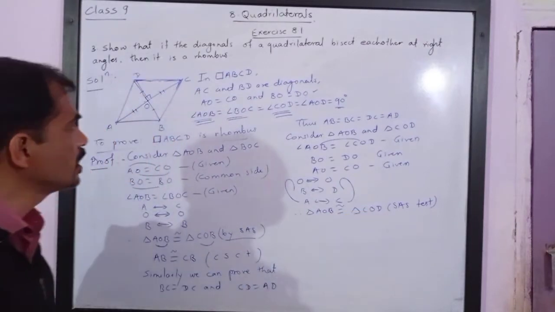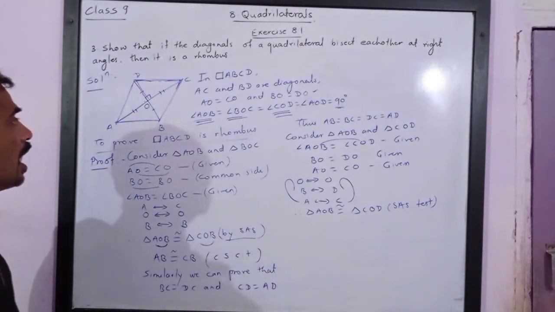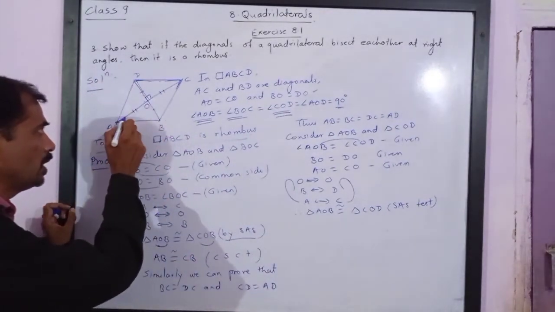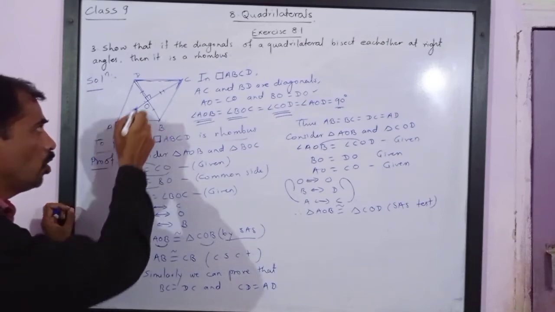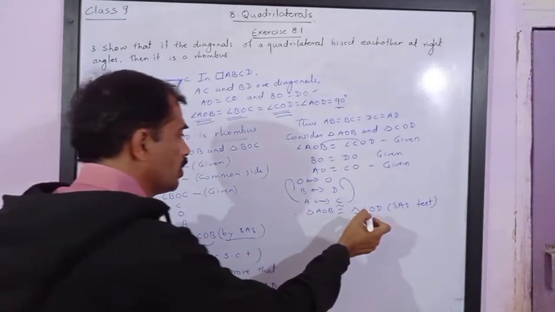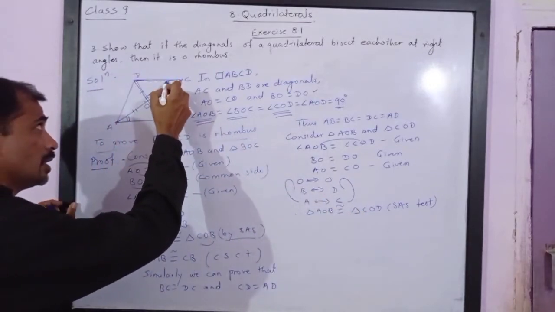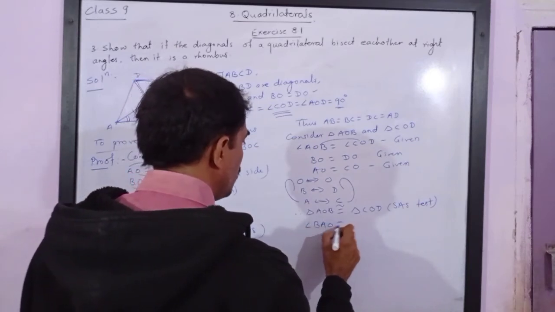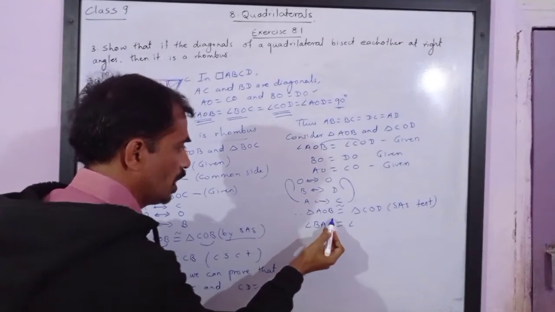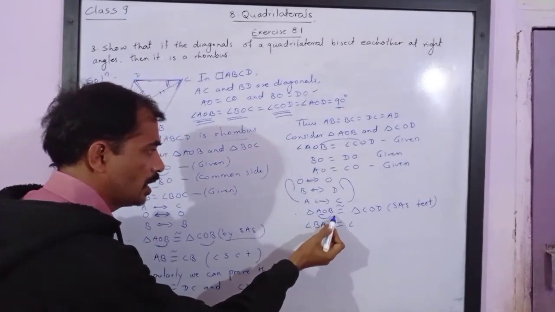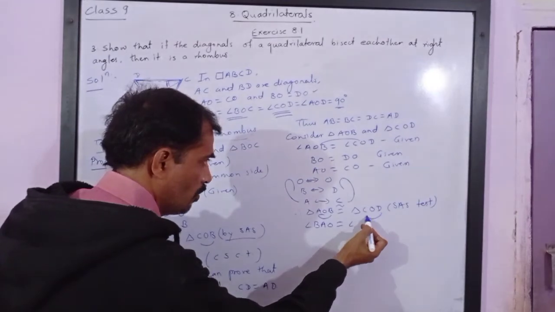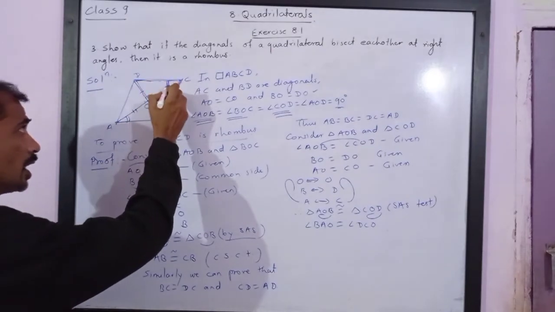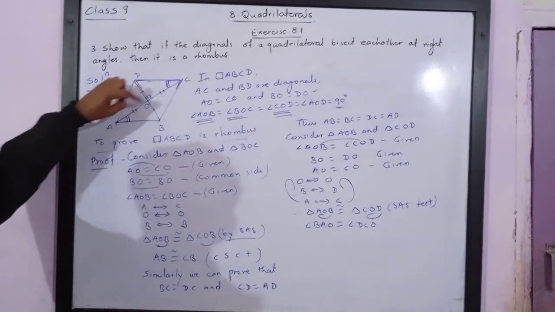Now, if these two triangles are congruent, it means their corresponding angles are congruent. That is, angle BAO is equal to angle DCO.